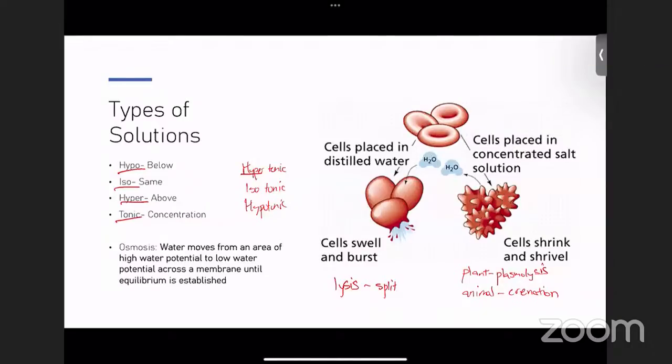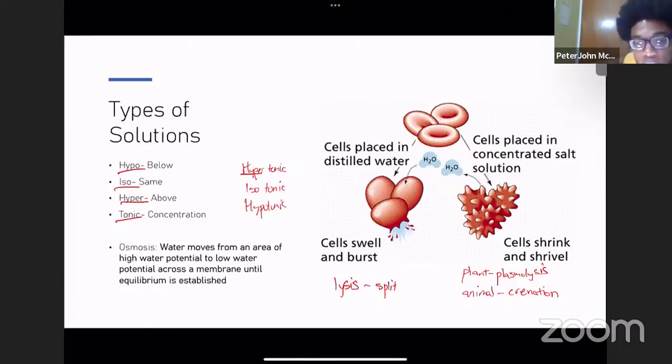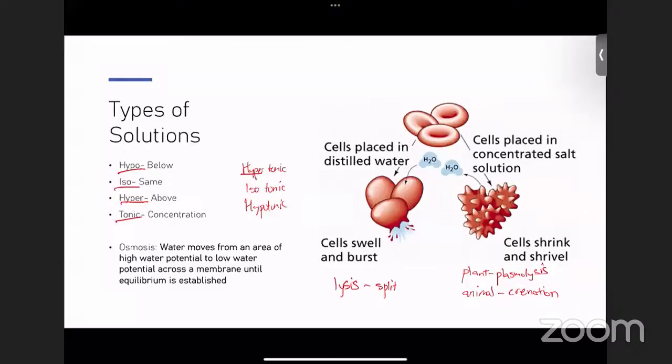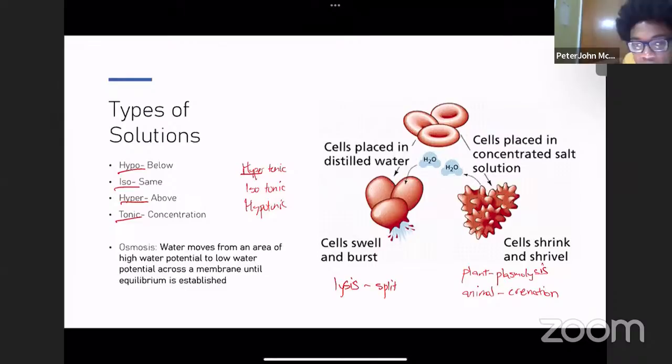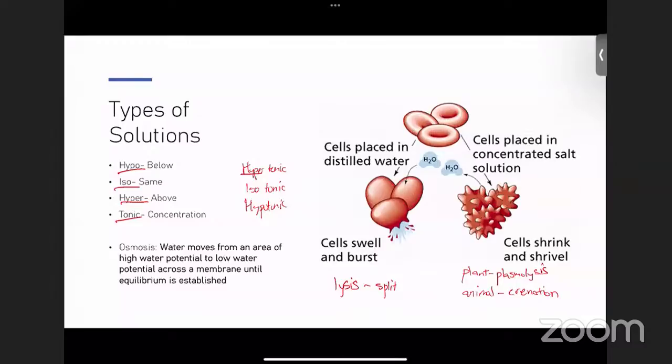It means that it is moving from an area where water is highly concentrated, meaning there is more water in that area, to an area where there is less water.